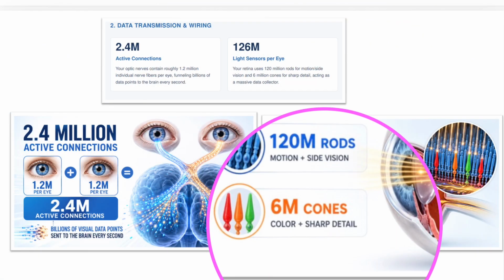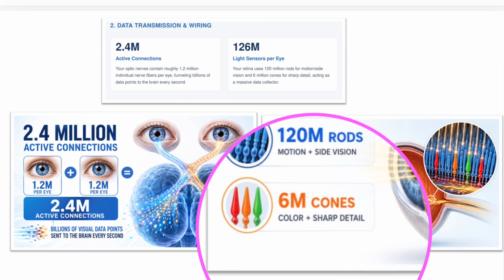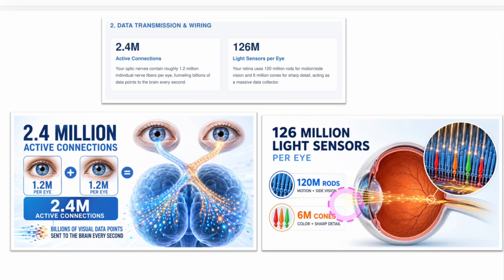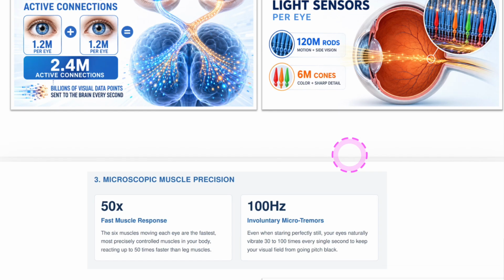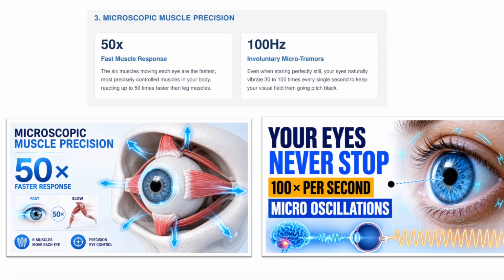And then there are cones, which deal with color and sharp detail. You can see this is a great graphic right here. This is the optic nerve that comes down here. All this information is coming in and going into the optic nerve. So there's tons of information that your eyes are bringing to your brain, and you have to make sure the eyes are functioning normally.